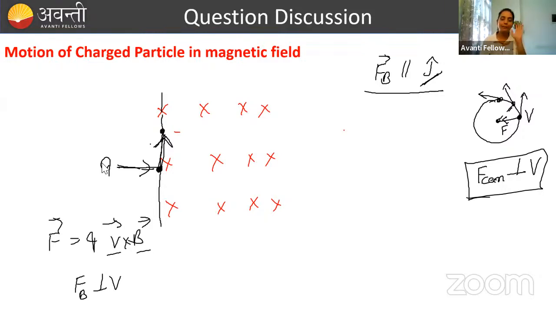Now close your eyes and just get one thing clear. If you have to draw the trajectory of a charged particle, the first thing you need to do is determine the direction of force. Done. Okay, someone is trying to speak. Okay, done.